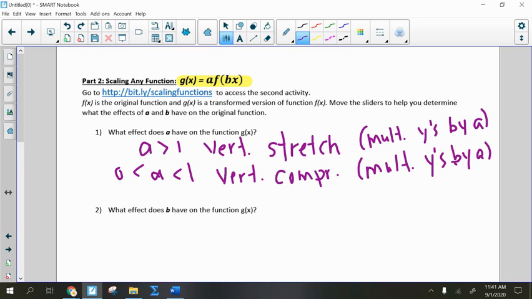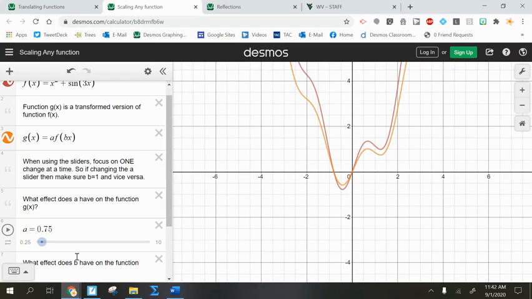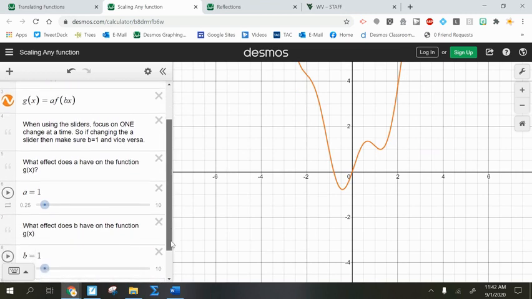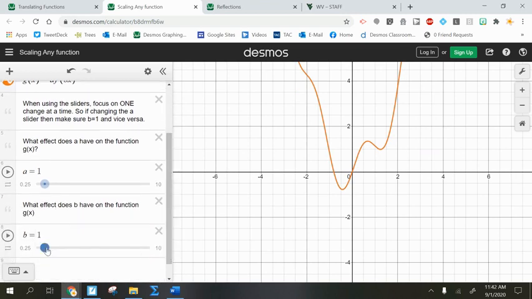Okay, let's look at B now. This is usually where the issues happen. So let me put this A value back to 1, and now I'm going to move the B's. If I make B bigger than 1, the x's should change and the y's should stay the same. That's what we're looking at.